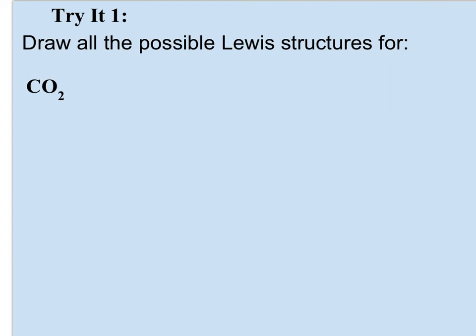Here I'd encourage you to pause and try this one. Draw all the possible Lewis structures for CO2. If you count your electrons, you have 4 for the carbon and 6 for each oxygen. I've got 16 total. When you draw this, if you start with a single bond with each oxygen, filling in my lone pairs, I have 6 on each oxygen and 4 electrons, 2 lone pairs, on the carbon.